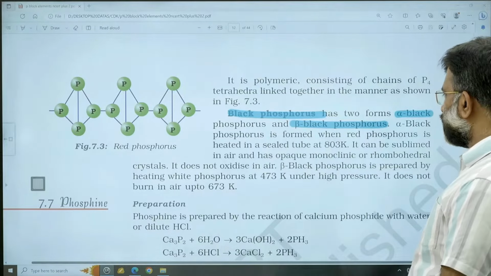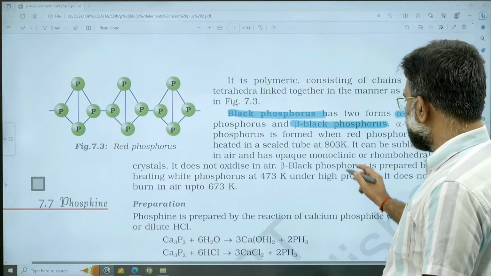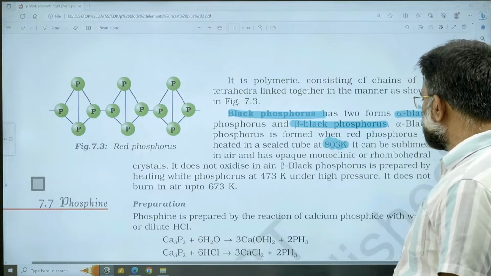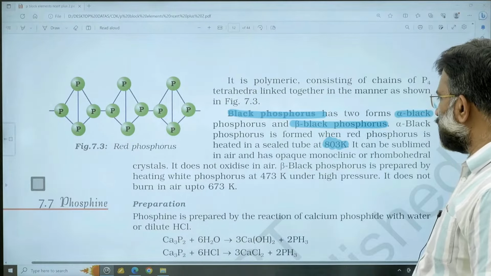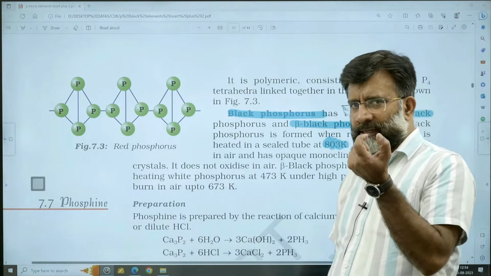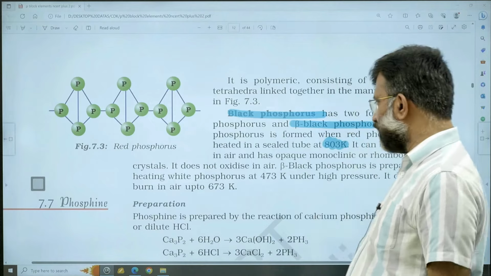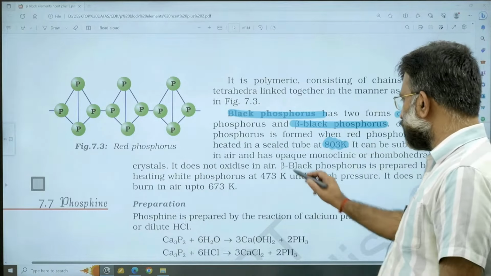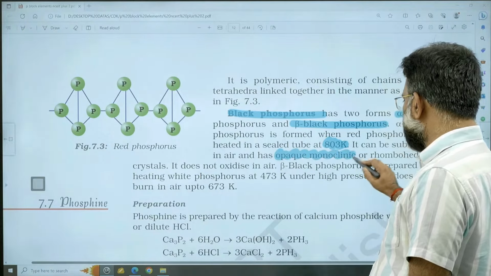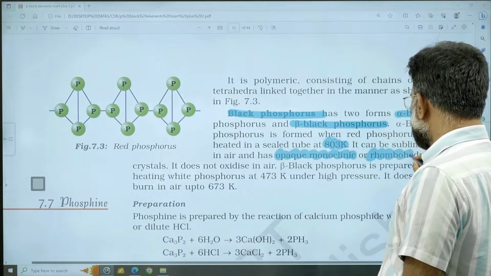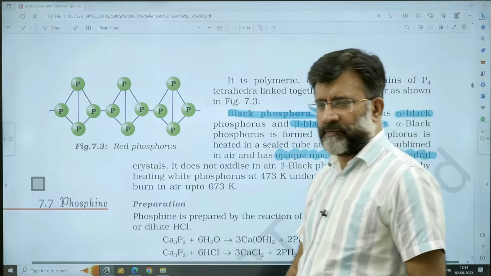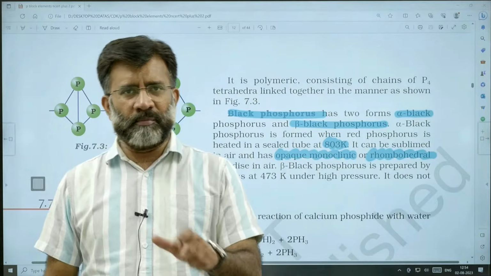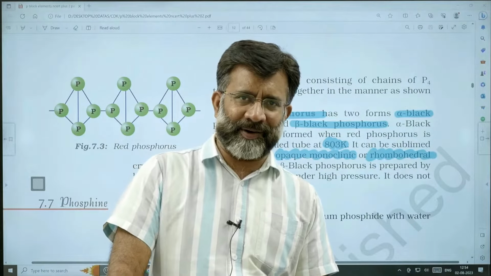Alpha black phosphorus is formed when red phosphorus is heated in a sealed tube at 803 Kelvin. It can be sublimed in air. That means it is somewhat volatile in nature, a volatile solid, and has opaque monoclinic or rhombohedral crystals, which we are learning in solid state chemistry.